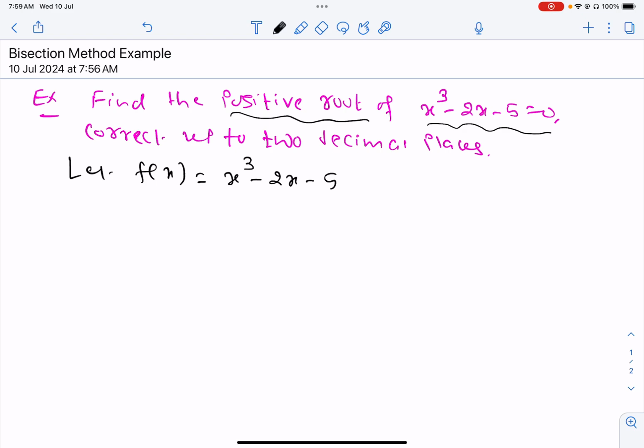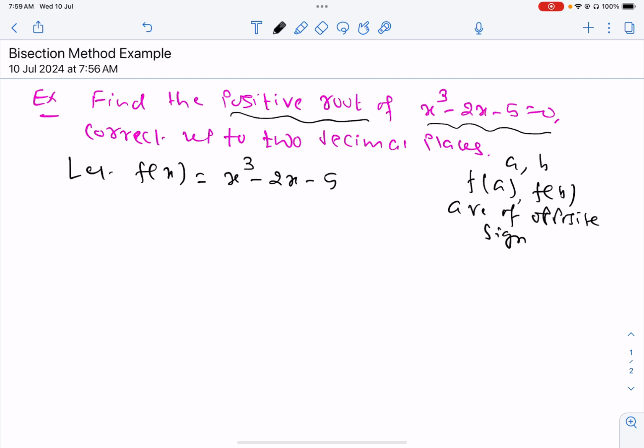Now the first step is to find two numbers a and b such that f(a) and f(b) are of opposite signs.